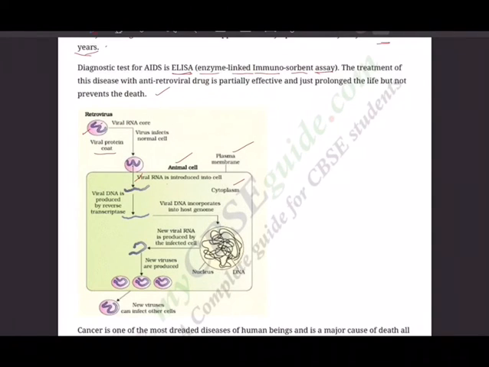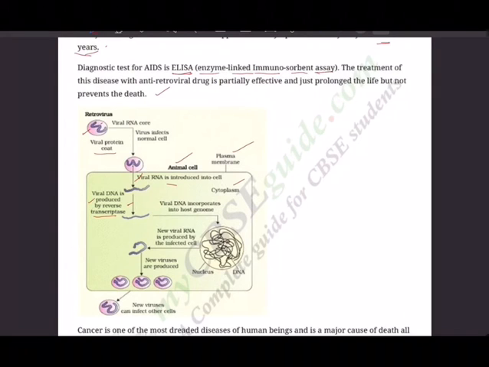Once the viral RNA is introduced into the cell, it undergoes, as we said, multiplication and forms viral DNA. And who is helping it? Reverse transcriptase. An enzyme called reverse transcriptase will help.